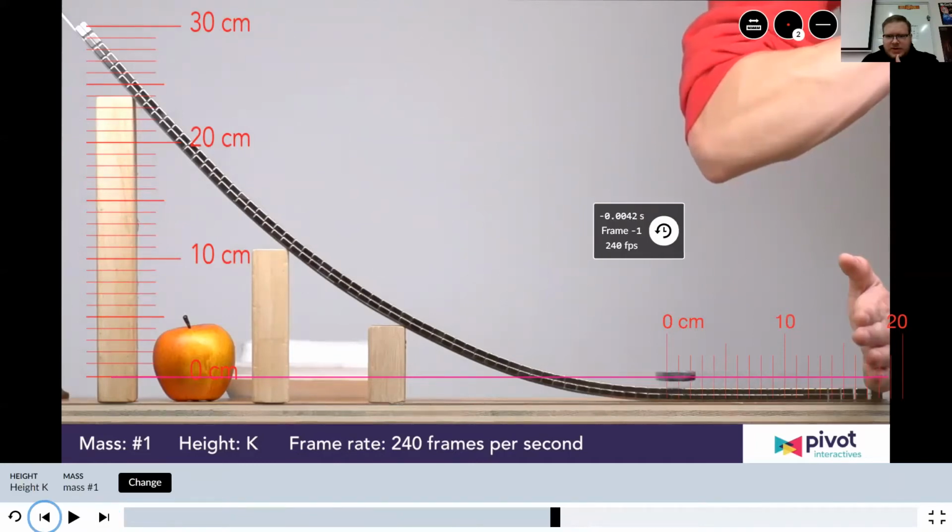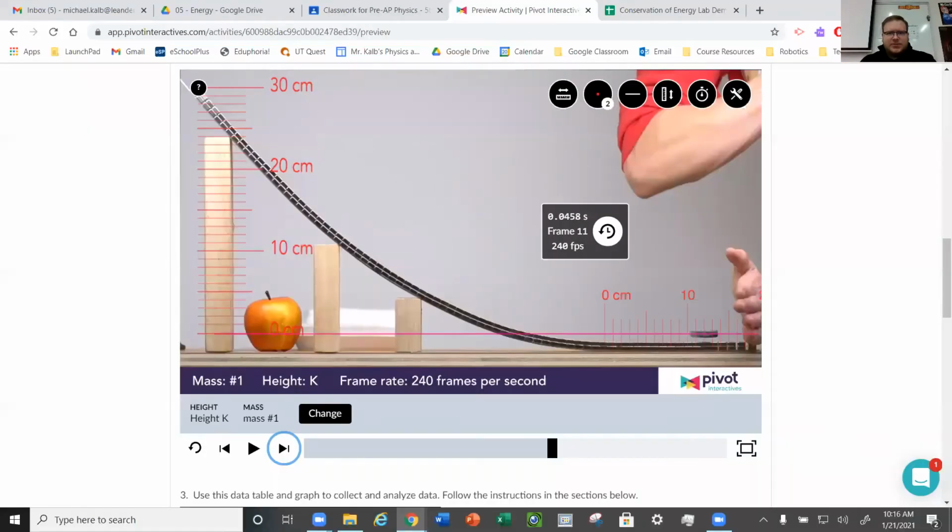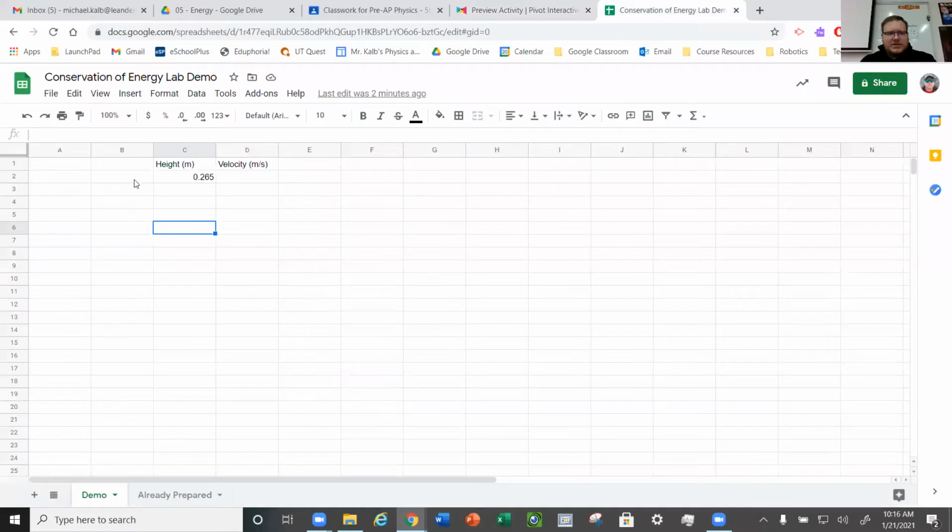And whoops, one thing I forgot to mention, but where I start measuring position, I also need to make sure I zero my timer. So it travels 10.3 centimeters in 0.0458 seconds. So this is why I left those extra columns here. I can do time in seconds.